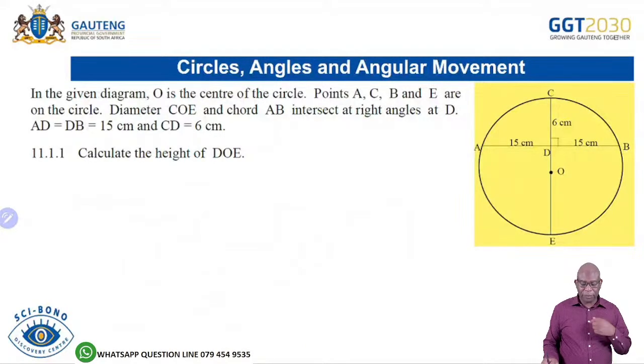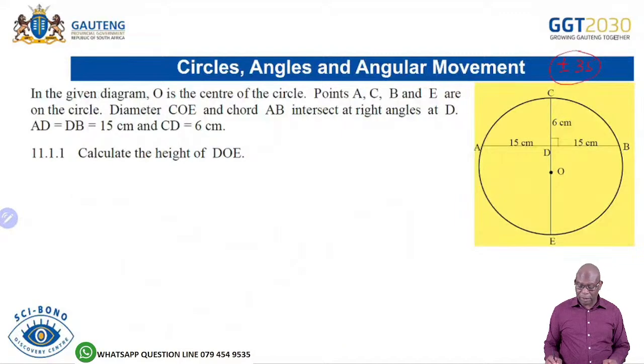Okay, welcome back. Now the next topic is circles, angles, and angular movement, which also is a very easy topic of 35 marks. So in the given diagram, please read the information and put it on the sketch. Sometimes you find that the information is not there on the sketch. O is the center of the circle.